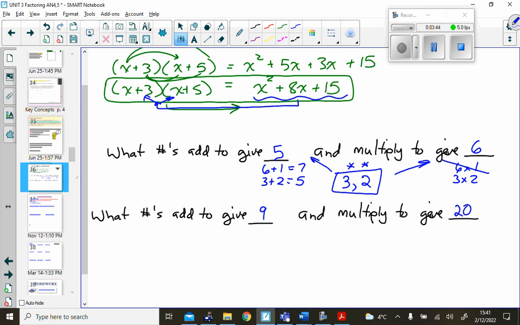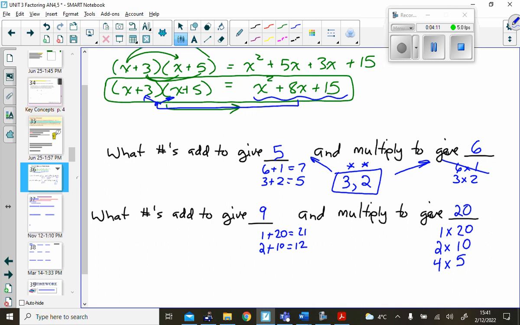So I'll start writing some of them down. 20 would be 1 times 20. 20 could be 2 times 10. 20 could be 4 times 5. 1 and 20 add to give 21, so that's no good. 2 and 10 adds to give 12.